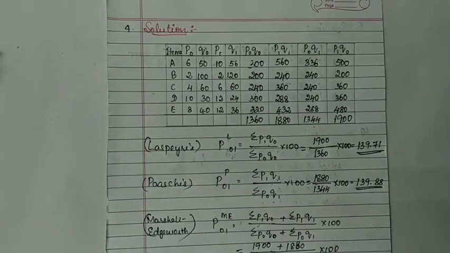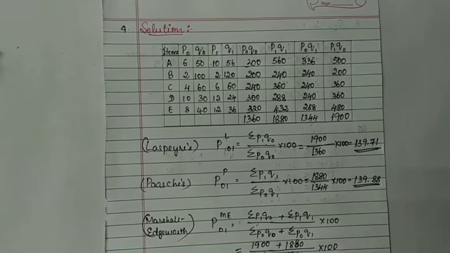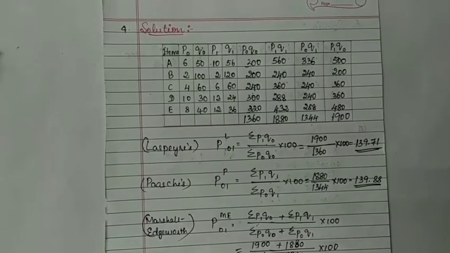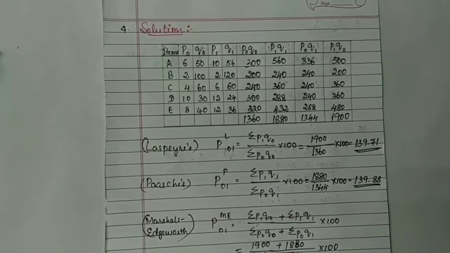The total is 1900 plus 1880, which is 3780, divided by 1360 plus 1344, that is 2704, into 100.